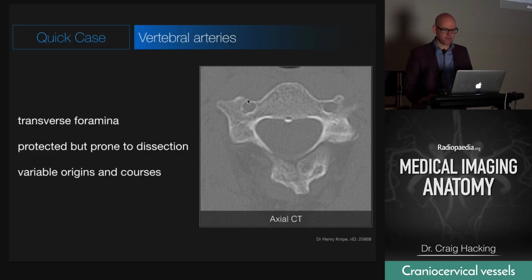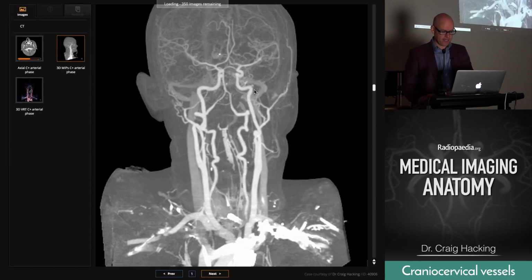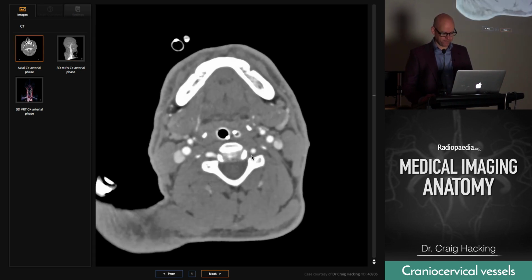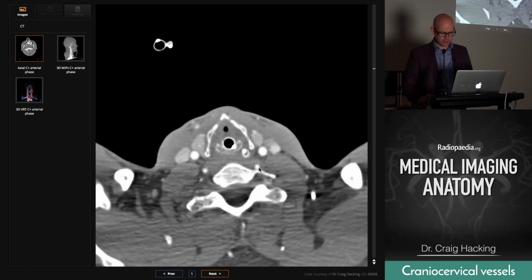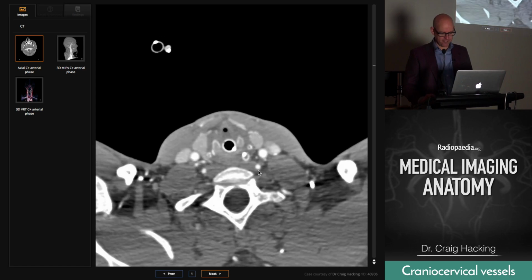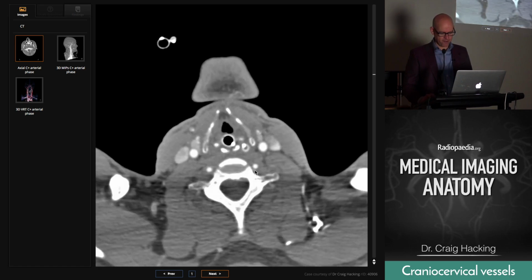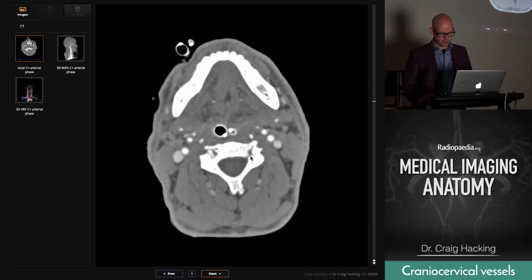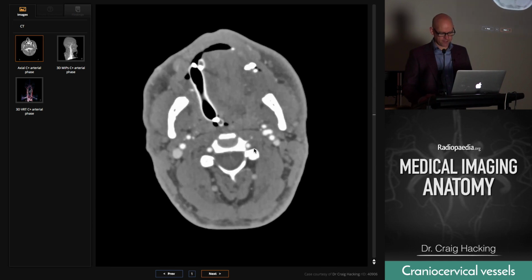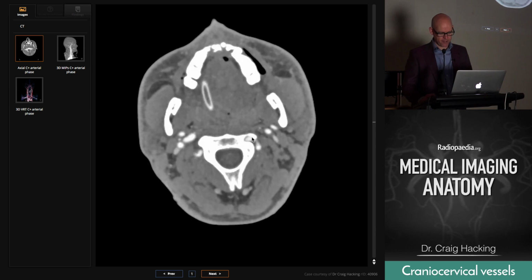The vertebral arteries run in the vertebral transverse foramina, okay, which is one of the differentiating features of these vertebrae. And we can see them here, but on the axial it's much better. You can see them coming up. This is the first segment here, V1, because it's pre-foraminal. Now we've got the foraminal coming up in the spine, doing a little loop, and then it comes out of C1 and loops around the lateral aspect.